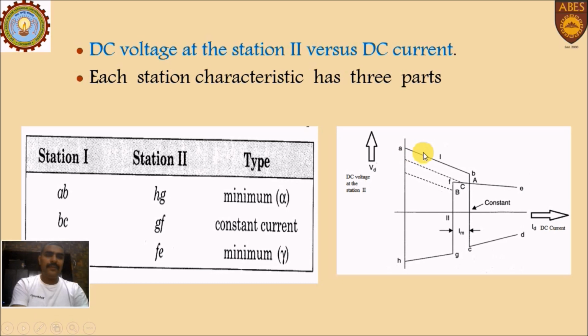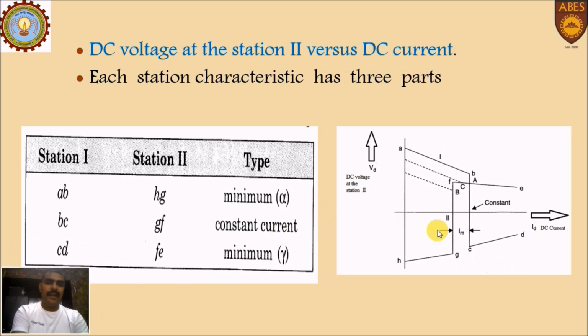Now in this characteristic, one is for converter station 1 and one is for converter station 2. The curve A B C D is for converter 1, and H G F E is for converter 2.